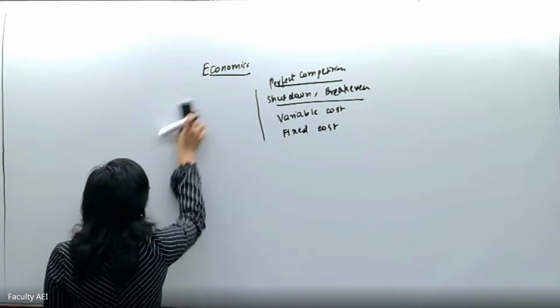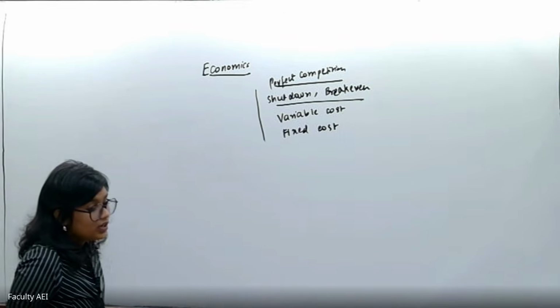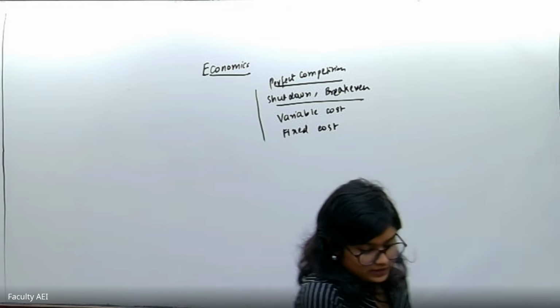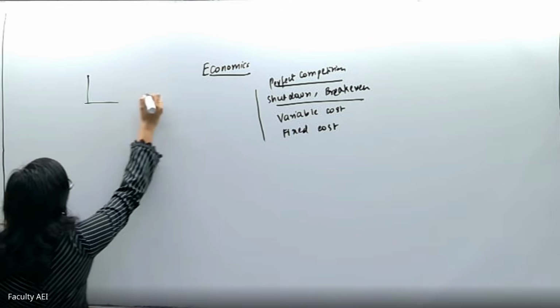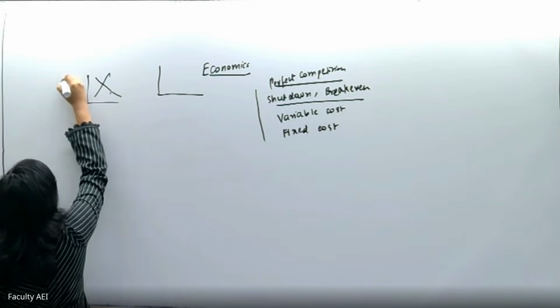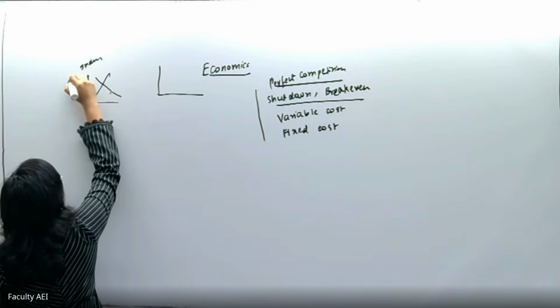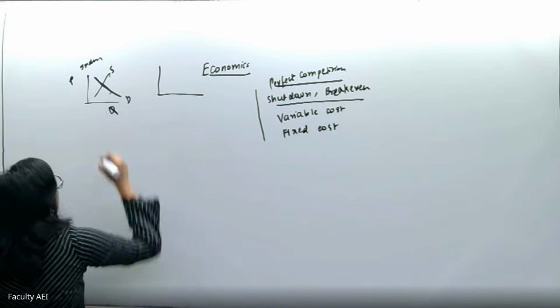Now, every firm is a price taker in perfect competition. Just giving a background not there in our readings: if this is the industry price and quantity, this is my demand and this is my supply.